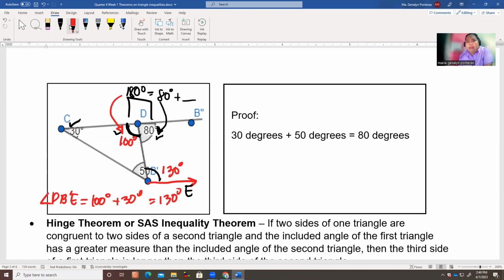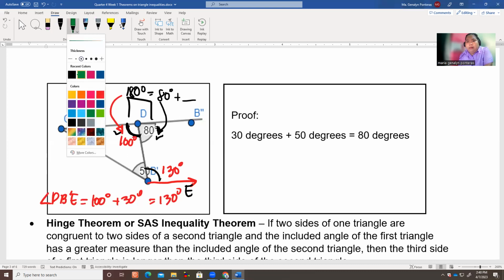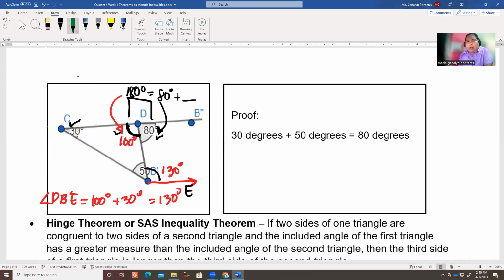Now, if I have another exterior angle here, let's say this one is F. Angle FCB prime has two remote interior angles, 100 and 50.